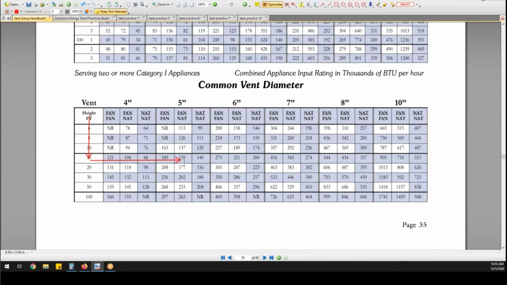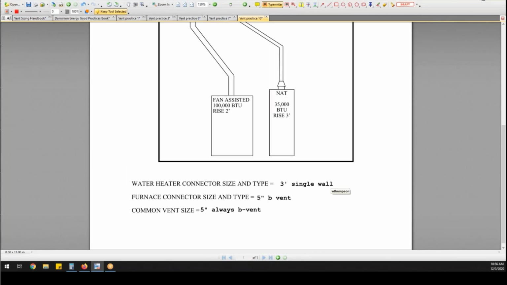Okay. Now, let's go back and take a look at this a different way. I'm going to go back up here and say, I hate single wall, or for whatever reason, I can't get single wall on there due to clearance issues or whatever. Okay. Well, we determined that 3-inch B vent would work also.